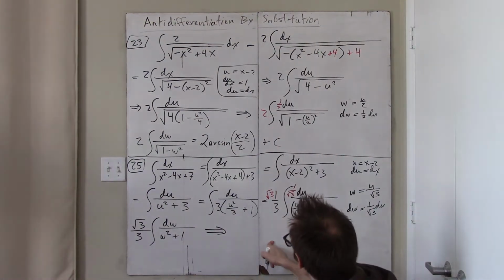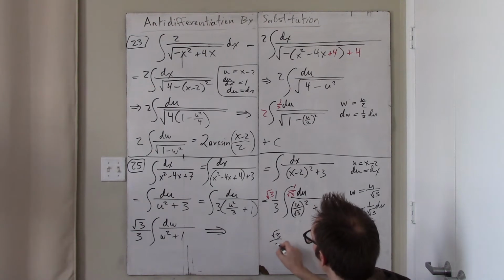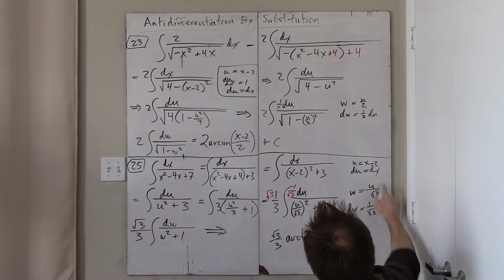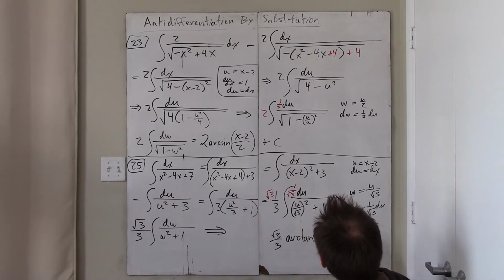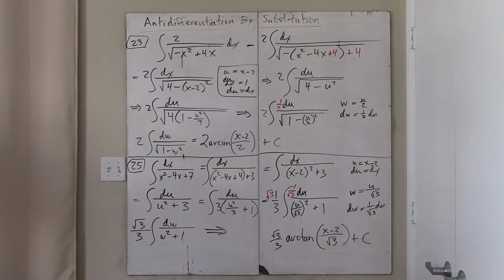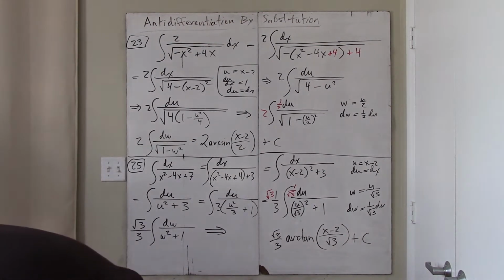So my final answer is root 3 over 3 arctan of w. But w is really u over root 3, and u is really x minus 2. So it's arctan of (x minus 2) over root 3, plus C. Good. This video is moving right along.